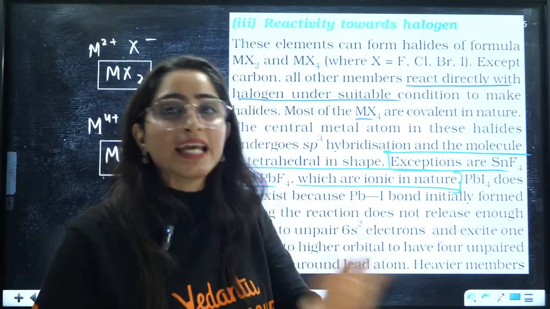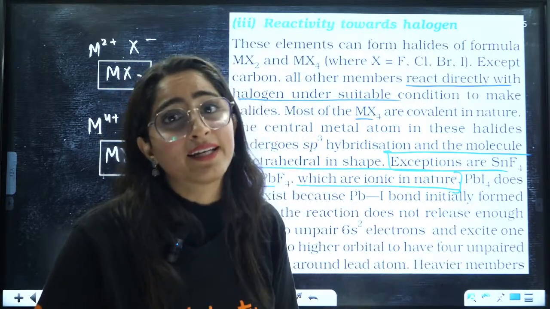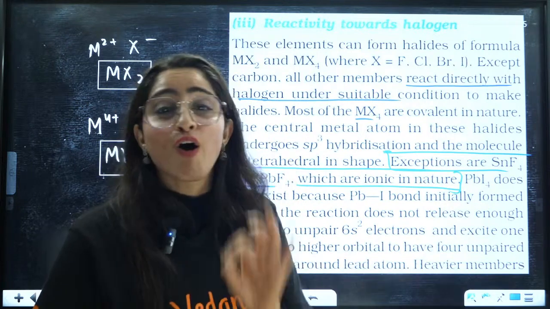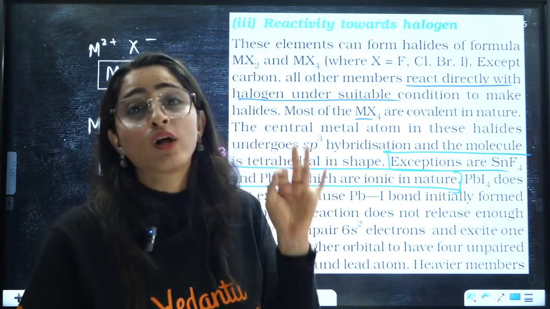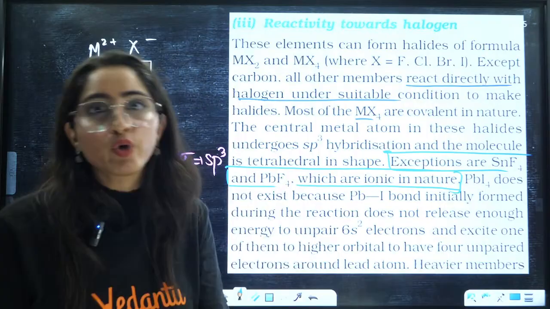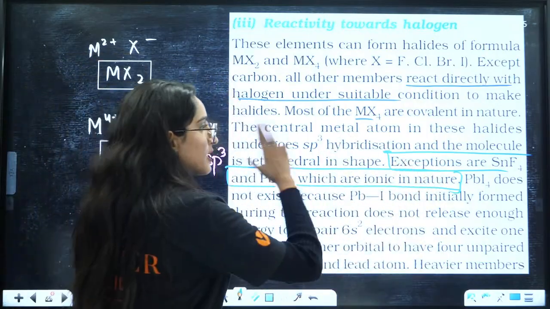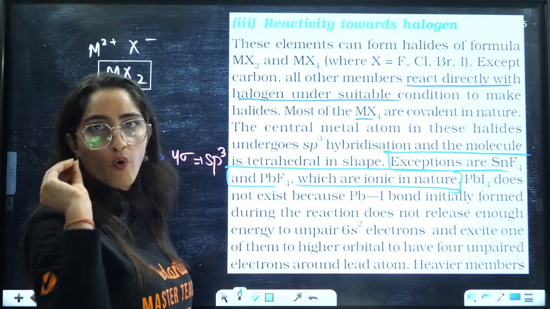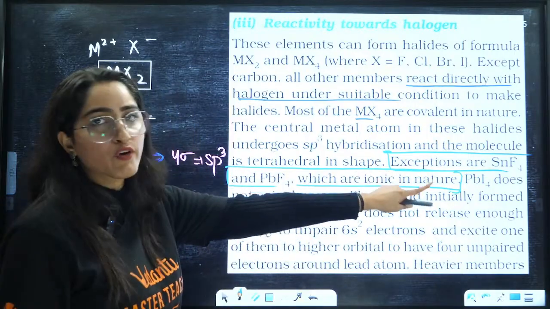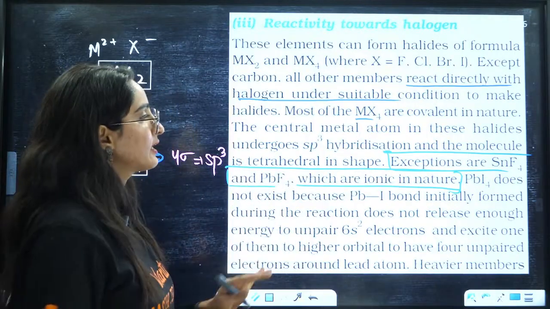Directly the exceptions are asked in the NEET exam. From inorganic chemistry, focus on the exceptions, not only the trends. So the exception is that all the other halides will be covalent except for tin fluoride and lead fluoride. They are ionic in nature.